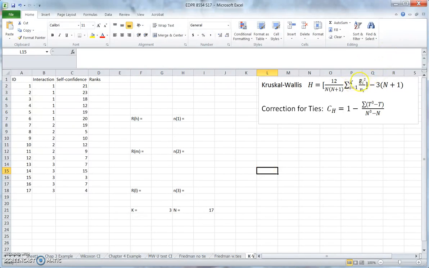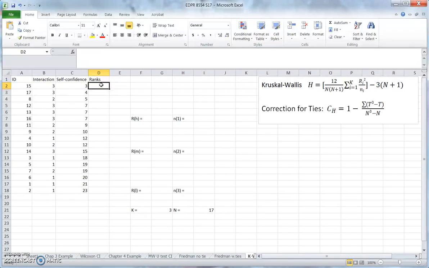To find out the values for Ri's, we need to start with sorting all the 17 scores. We'll put all the 17 scores together, sort them from low to high, then we're going to give them ranks.